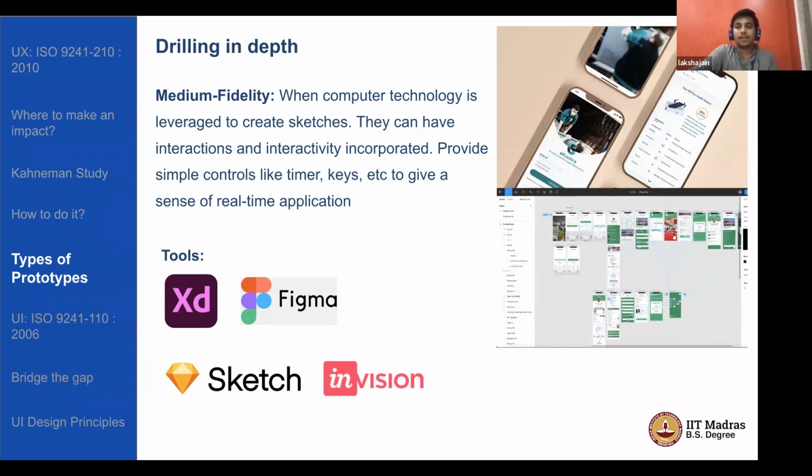It's just the interaction which we incorporate so as to give a user a feel about how the final application will behave. So it's a medium level of aesthetics, or medium level of fidelity, which we have incorporated in such prototypes. A few of the tools available in the industry are Adobe XD, Figma, InVision, Sketch, etc.